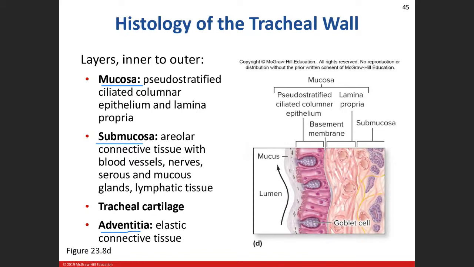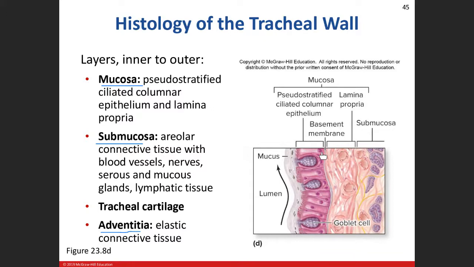Epithelium always sits on a basement membrane. That's what this is showing us over here. Okay, so here's the mucus that's produced. Here's our pseudostratified ciliated columnar epithelium with our goblet cells. And then it sits on this little thin basement membrane. For our purposes, epithelium always sits on a basement membrane.